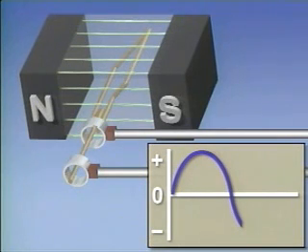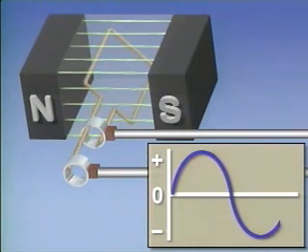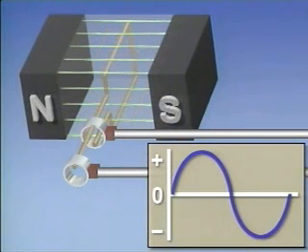As the conductor moves from 180 degrees to 270 degrees, it cuts through the flux lines in the opposite direction, and the voltage starts to increase in the negative direction. The voltage reaches its maximum negative value when the conductor is at the 270-degree point. The voltage then decreases again until, at 360 degrees, it's back at 0.